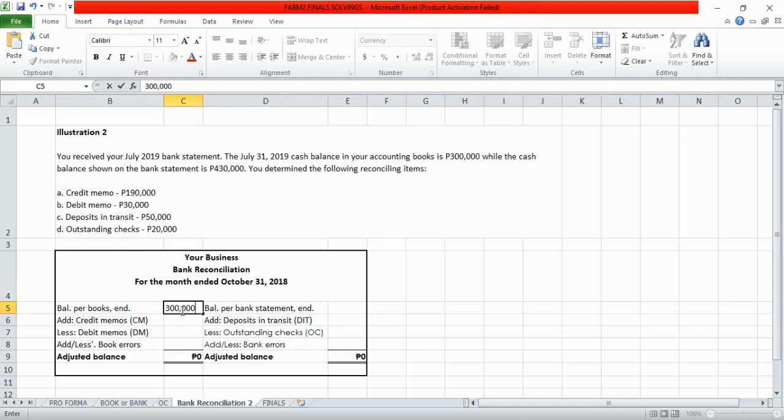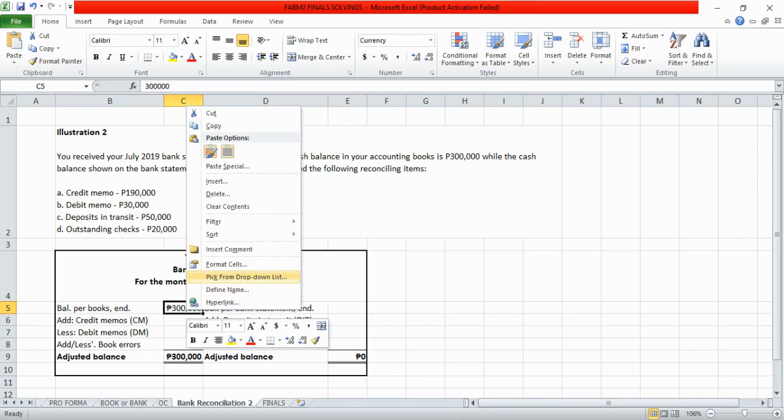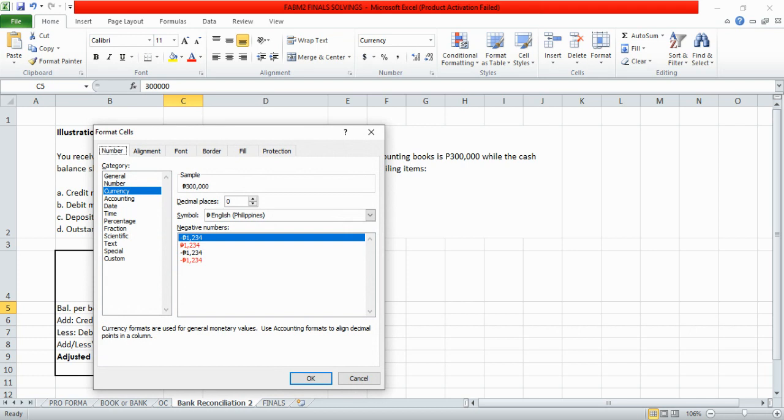I already changed the currency to pesos, so it will automatically change into pesos. You could just go to format cells and check these symbols. Don't use the dollar, use the Philippine peso sign.